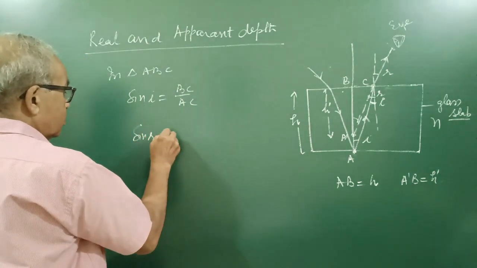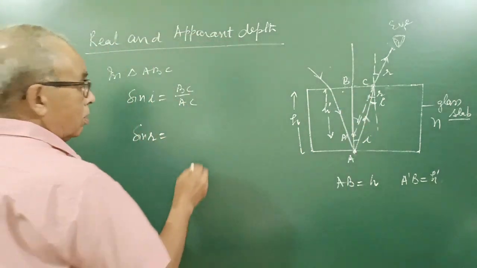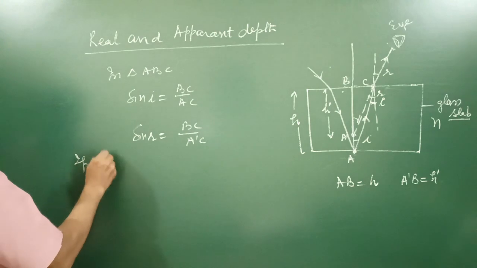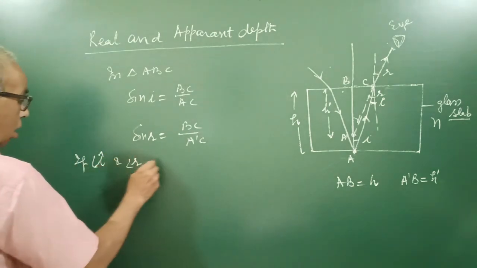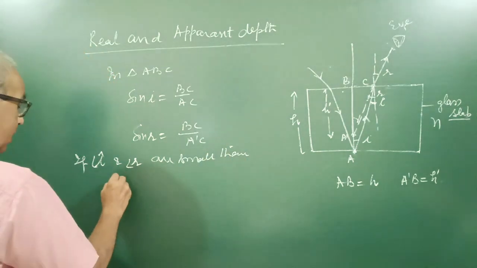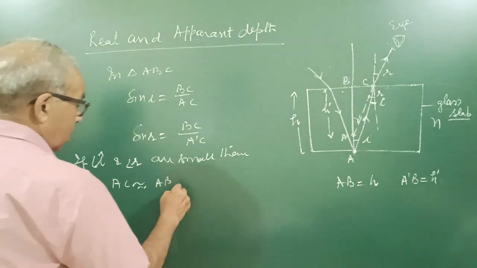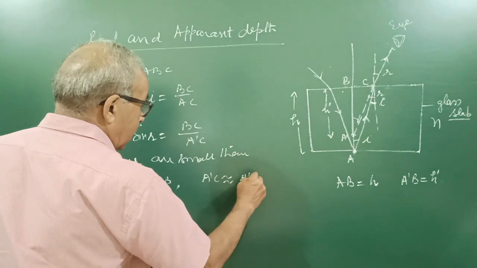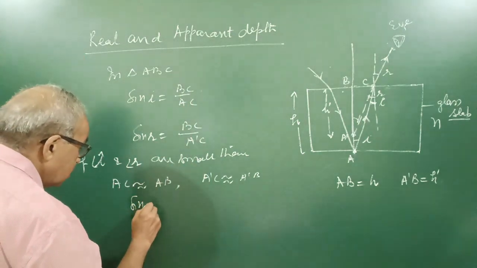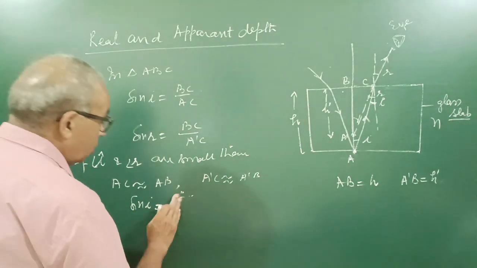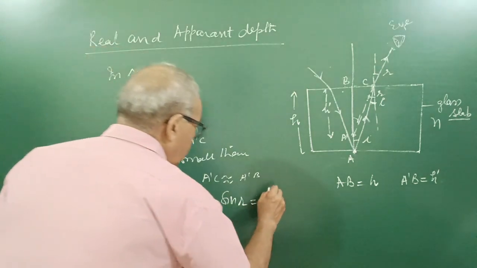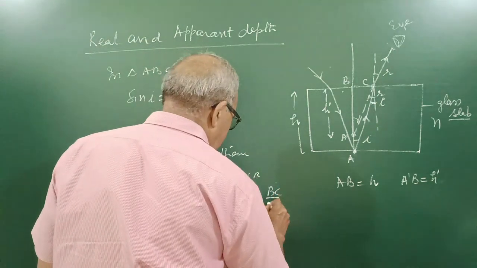Sin R is BC upon A dash C. If angle I and R are small, then AC is nearly close to AB and A dash C is also close to A dash B, and hence sin I is equal to BC upon AB, and sin R is equal to BC upon A dash B.